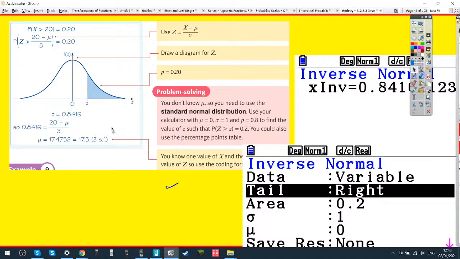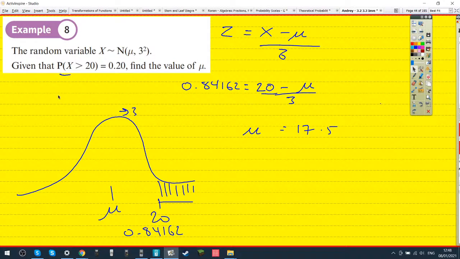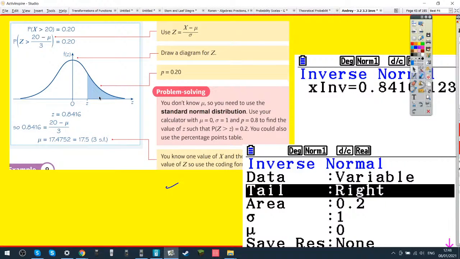I'll use their diagram. We're told that the probability that x is greater than 20 is 0.2. Well, we also know that the probability that z is greater than something will be 0.2. And so we first look up what z will give us a probability greater than 0.2. We do that using our inverse.